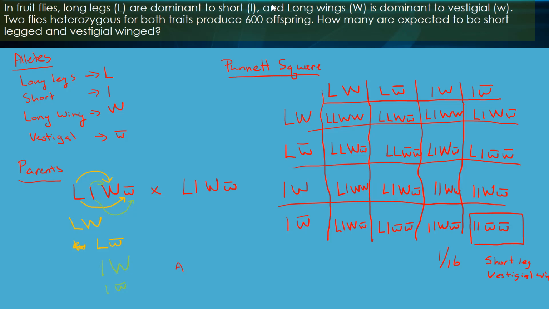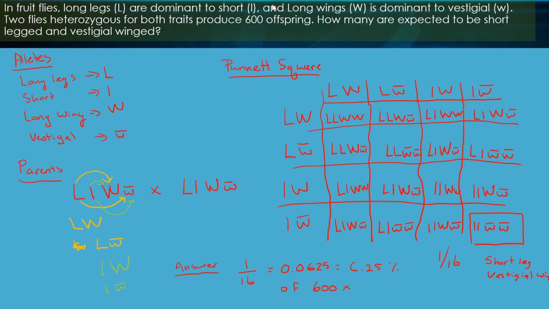So we'll now do our answer. Just do a little math here. 1 out of 16, or put that into your calculator, 0.0625, or 6.25% of 600. So we're just going to need to do 0.0625 times 600.